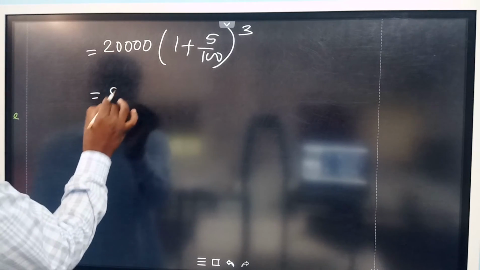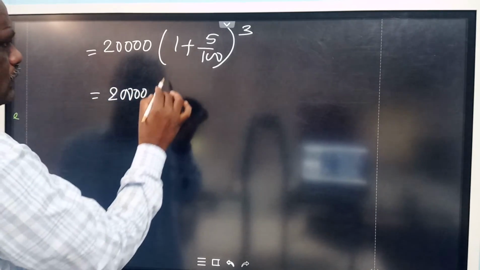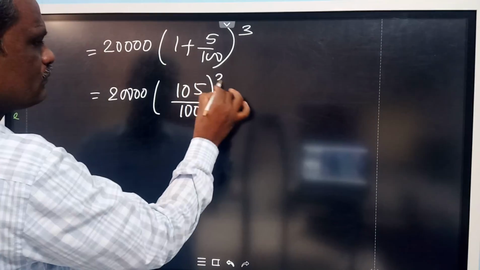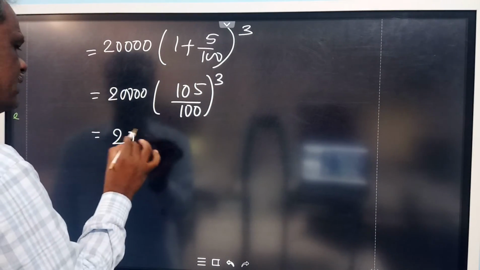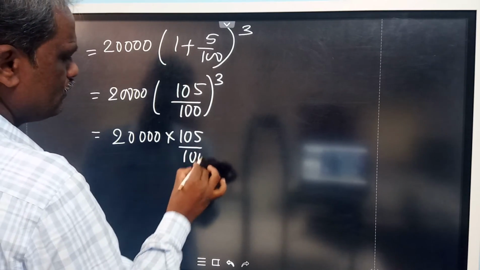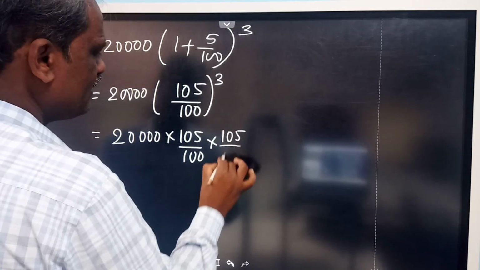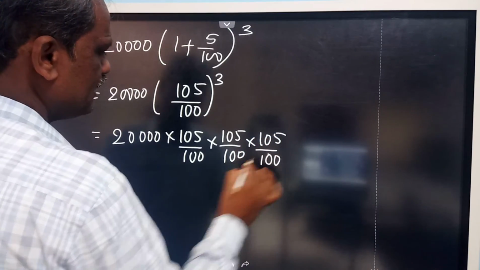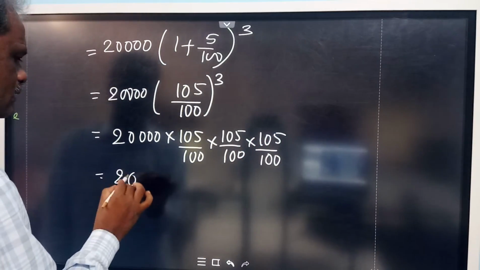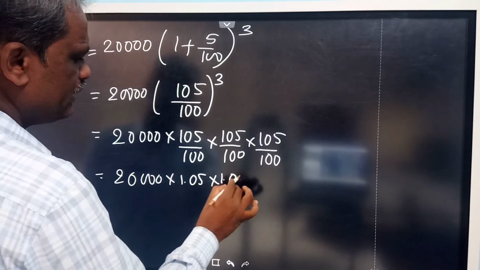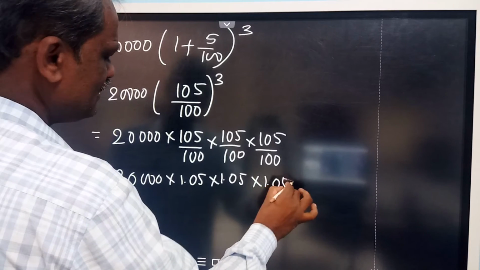Simplify this: 20,000 into 105 by 100 whole to the power 3. So 20,000 into 105 by 100, into 105 by 100, into 105 by 100. As I said, it is easy division. So 1.05 into 1.05 into 1.05.